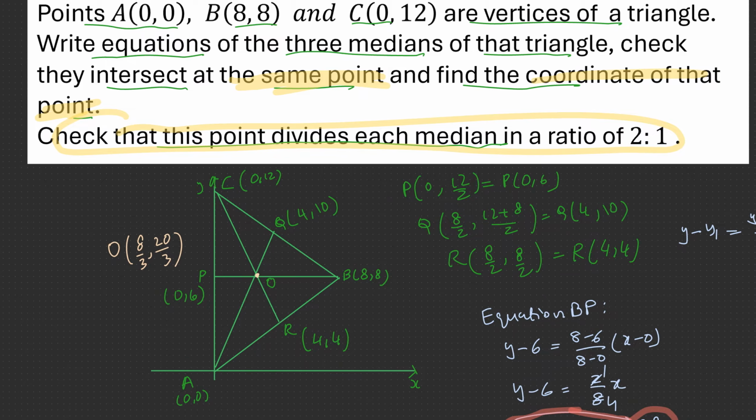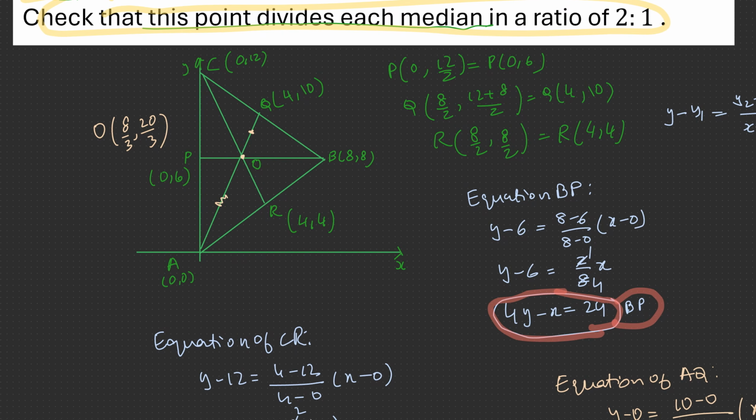If we can somehow find this distance and this distance, or we could find the one with O, that's probably easier to handle. So if we find the distances AO and OQ, and if AO is twice of OQ, then it's proved.